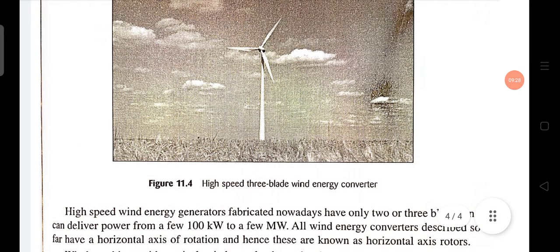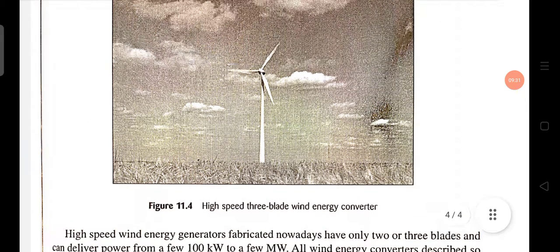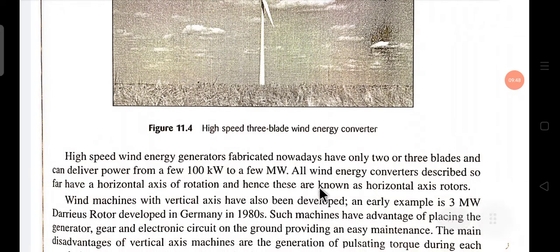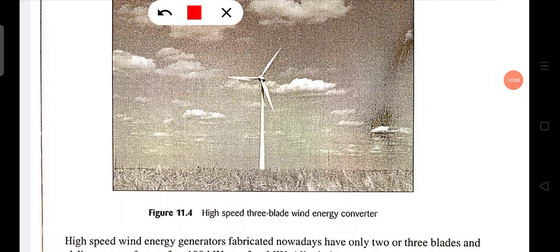That means the rotation is horizontal, like this.